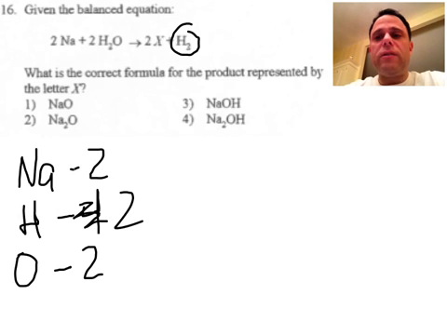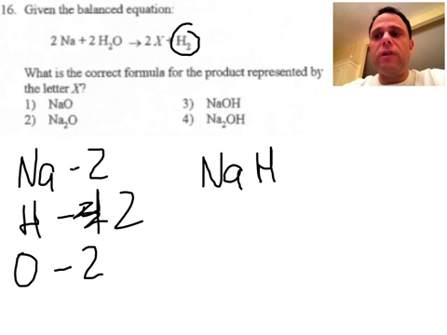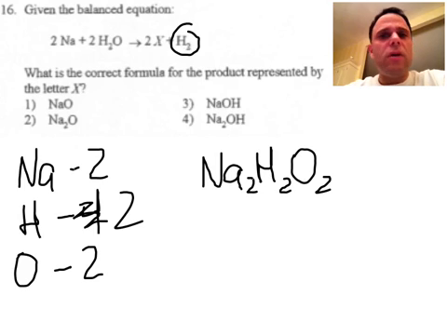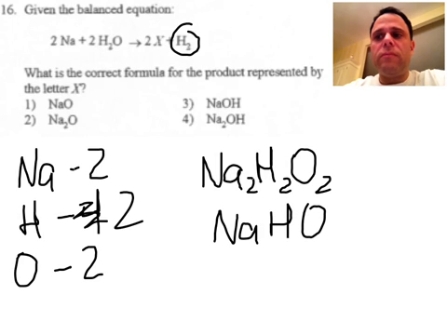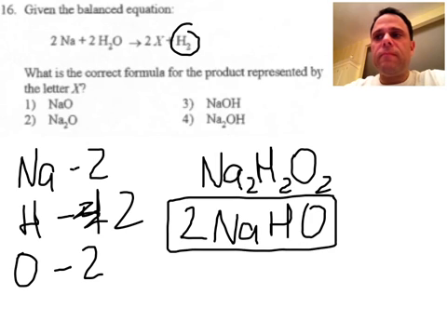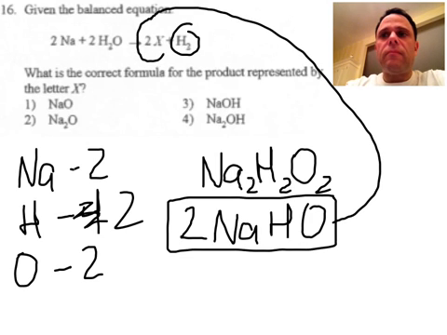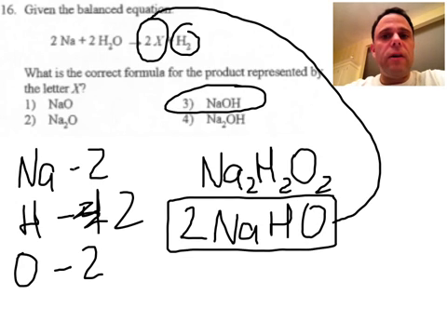So, we need a substance that has sodium, hydrogen, oxygen, maybe 2 to 2 to 2. But couldn't that be reduced? NaHO. And couldn't you put a 2 in front of it? Our answer is NaOH.